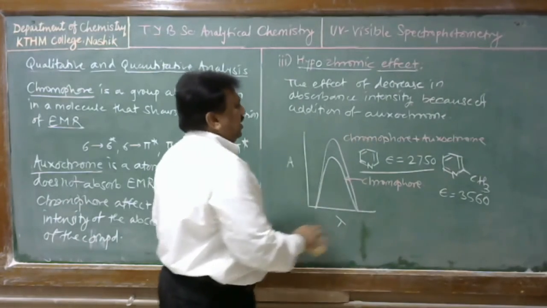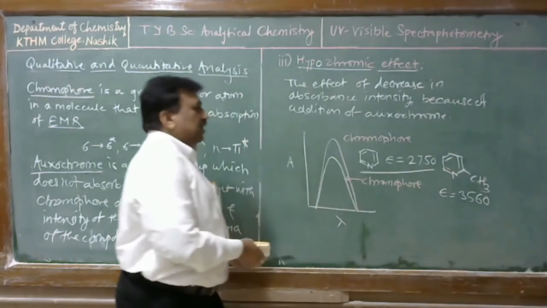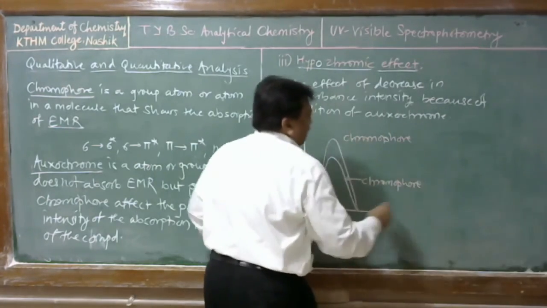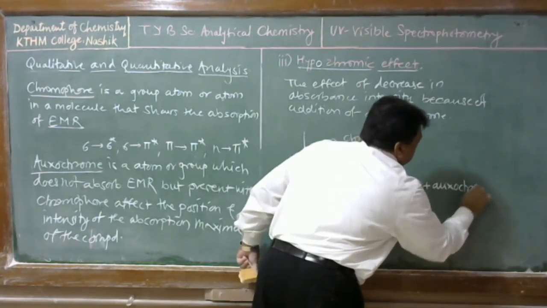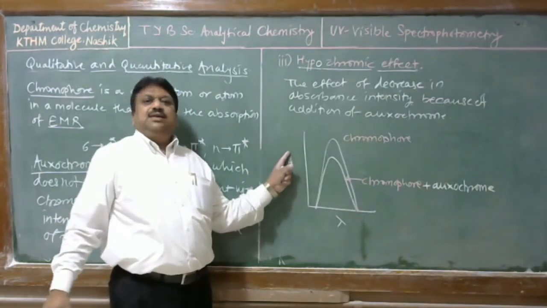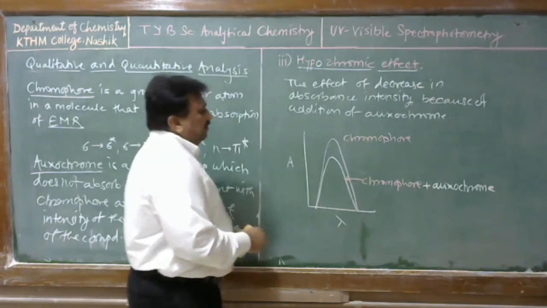Therefore, initially this is a chromophore whose absorbance is more. Now, when it is linked with the oxochrome, then absorbance gets decreased. This effect is called a hypochromic effect.